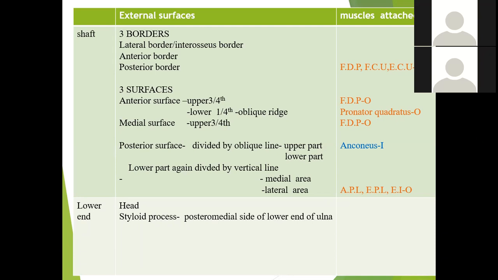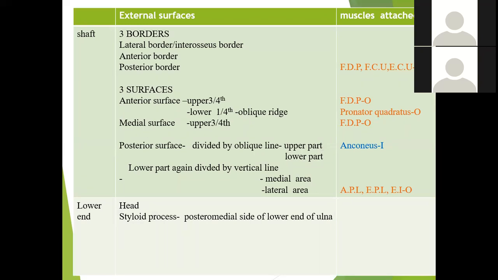Next we come to the surfaces. How many surfaces are there? Again, three surfaces: anterior surface, posterior surface, and medial surface, because this is the medial bone. For our easy way of study, we are dividing the surfaces into parts. The anterior surface we divide into upper 3/4 and lower 1/4.